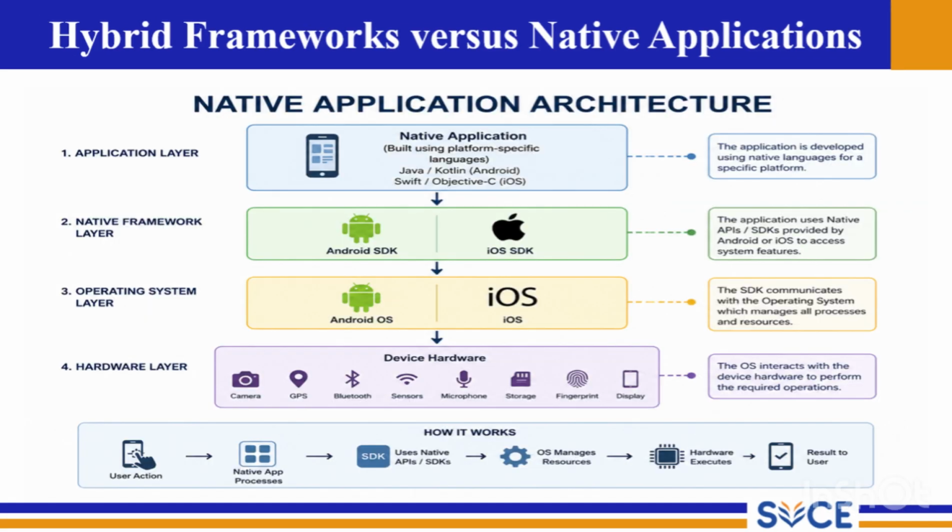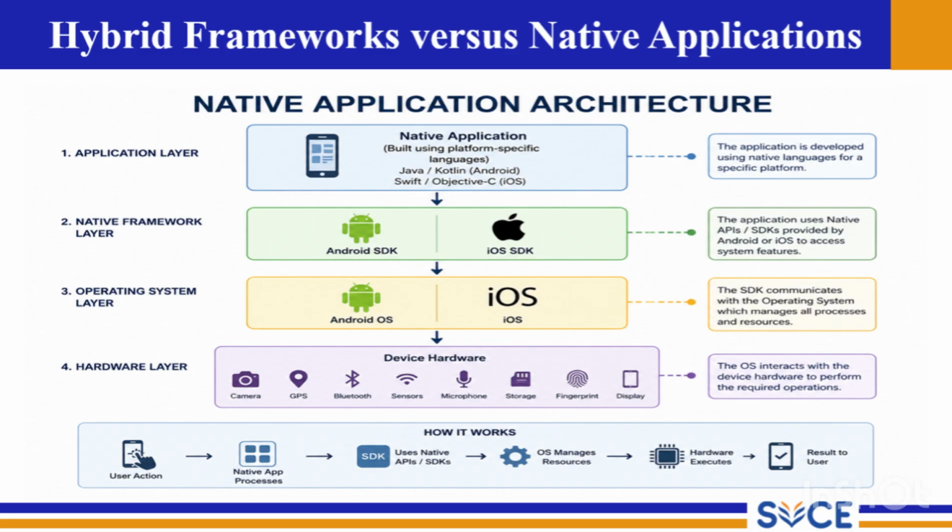Now that we understand what a native application is, let us see how a native application works internally by understanding its architecture. This architecture illustrates how a native application communicates with a mobile device hardware through different software layers.